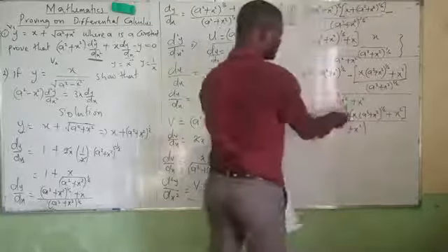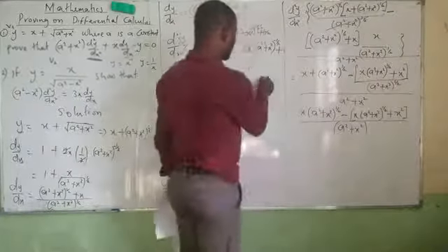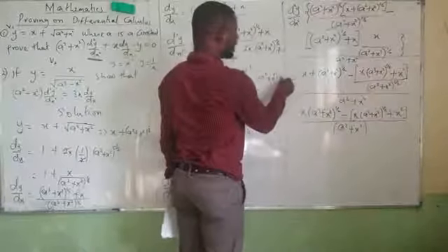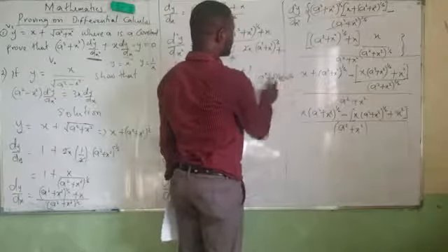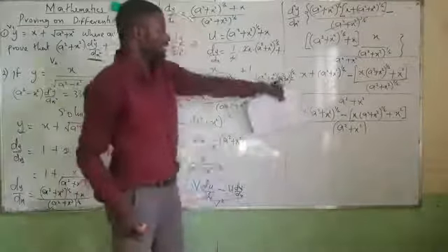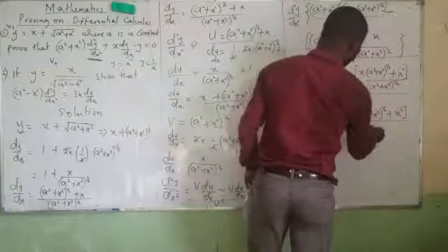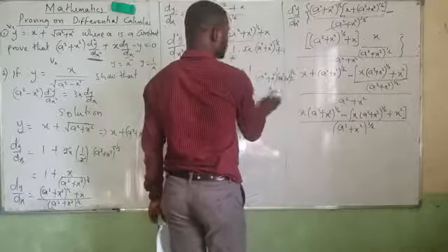Now, think of this and this, they have the same base. It means a squared plus x squared, and a squared plus x squared to the power of 1 over 2. When the bases are equal, which is indices, I'll be having power 1 plus 1 over 2, which is 3 over 2.